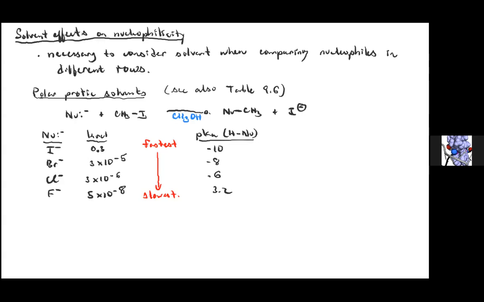But there is a way to think about this, and that is to consider the interaction of the nucleophile with the solvent. We don't draw the solvent as a reagent in our reactions, but in fact, it is essential. We need to understand what these ions look like when you put them in methanol, which is a polar protic solvent.